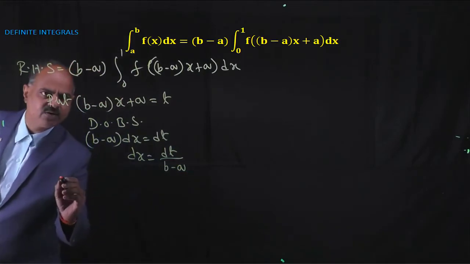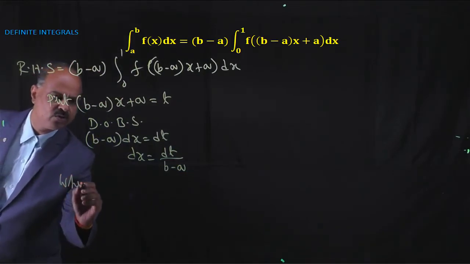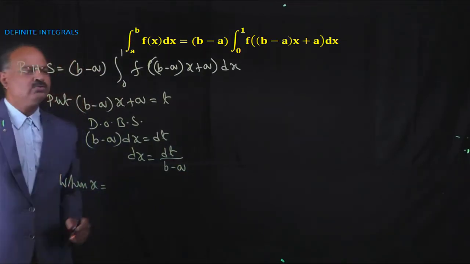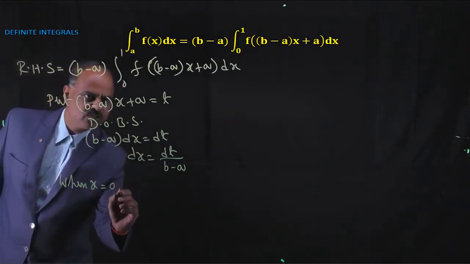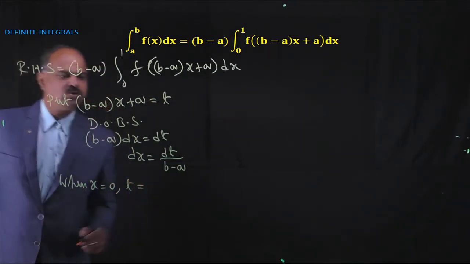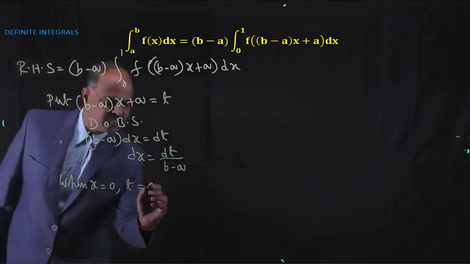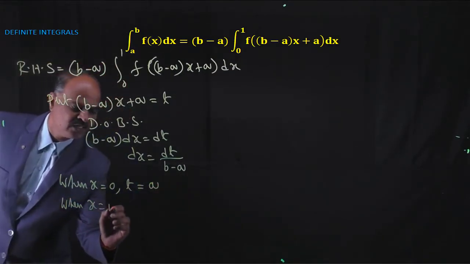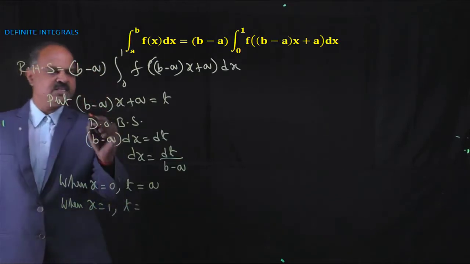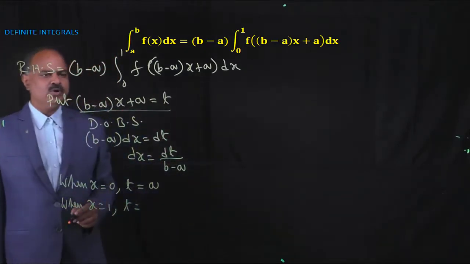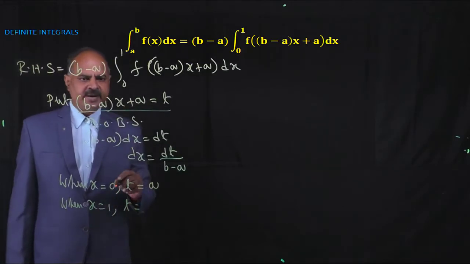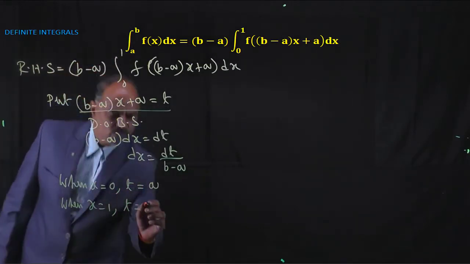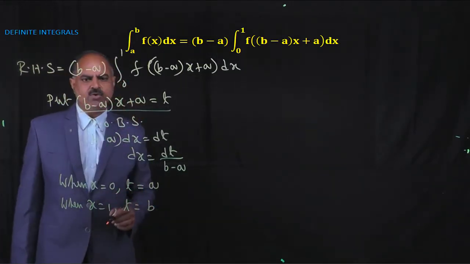So when x equals 0, t is equal to a. When x equals 1, t equals (b minus a) plus a; minus a and plus a get cancelled, we get t equals b.